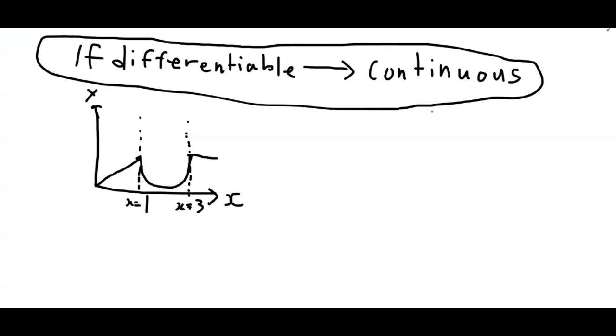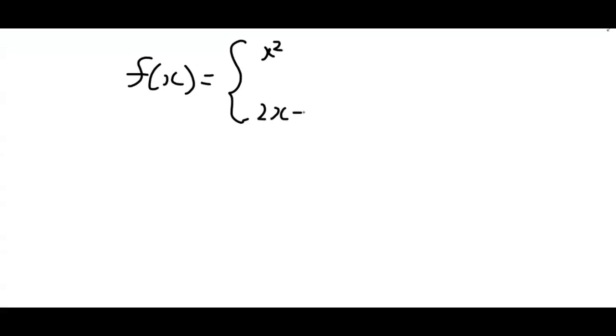And we'll go ahead and solve a simple problem. So let's say we're given f of x is equal to, there are two cases, x squared and 2x minus 1. For the x squared case, if x is less than 1, and for the latter case, if x is greater or equal to 1.